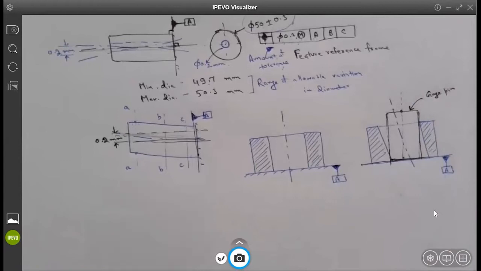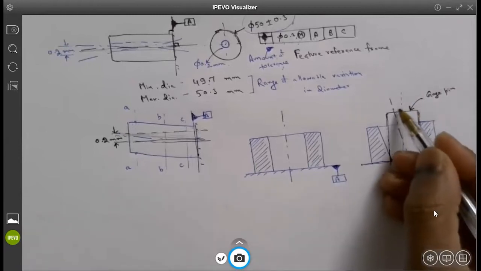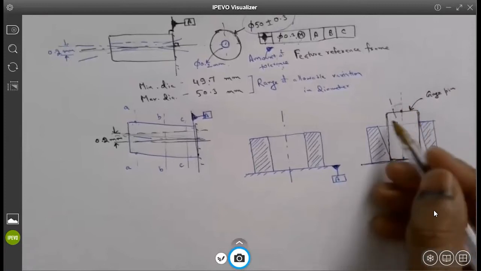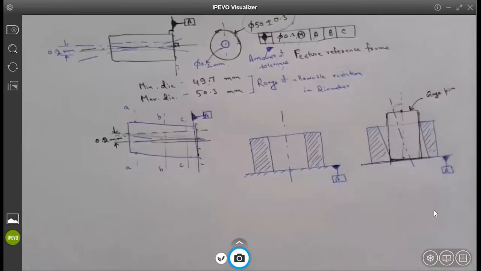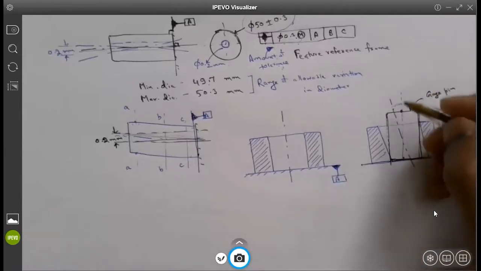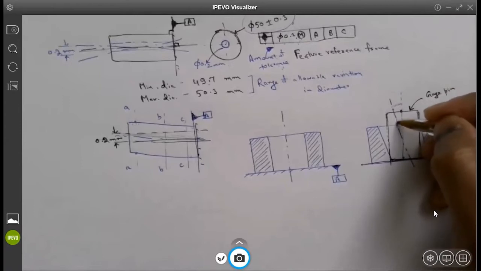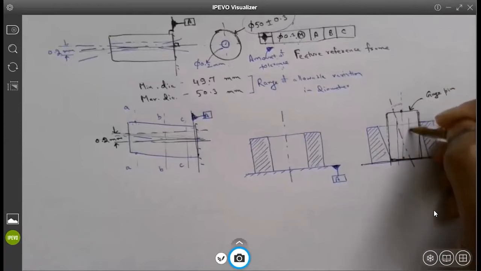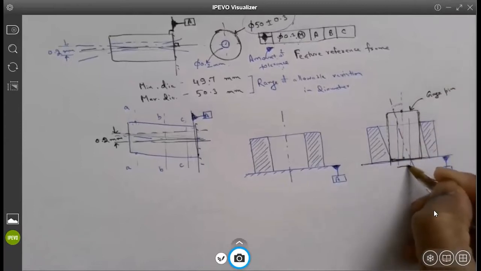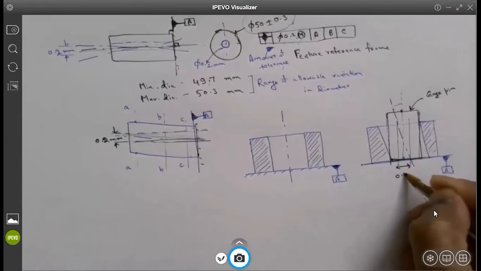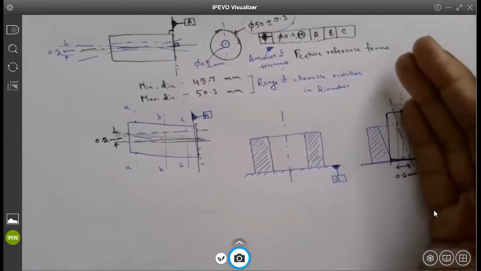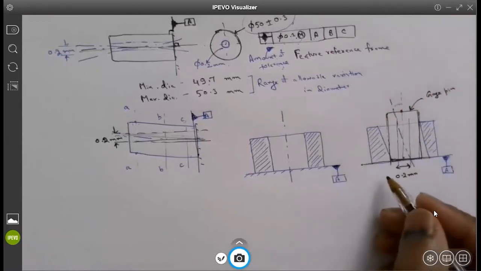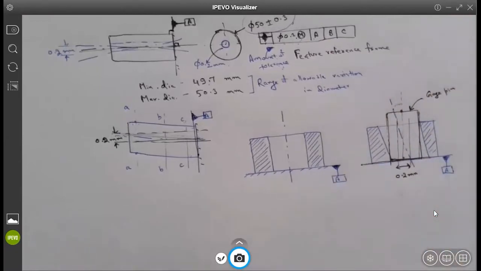Now from the true axis, I can measure how much offset the axis of my machined hole has. As long as the orientation of this axis lies within a tolerance zone of 0.2 millimeters, this part is acceptable. If the axis is offset by more than 0.2 millimeters, it is not acceptable.